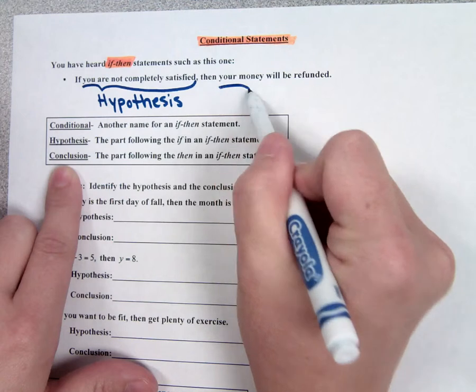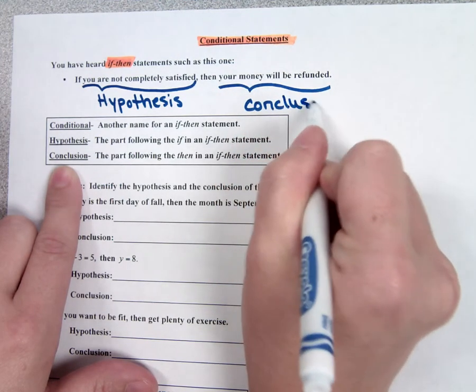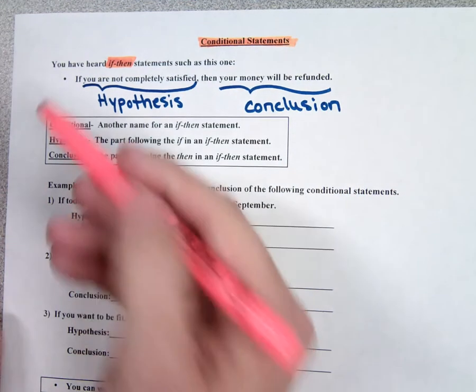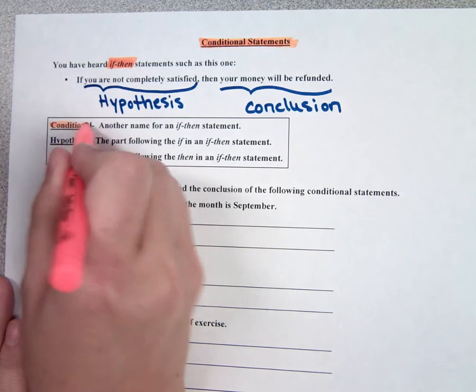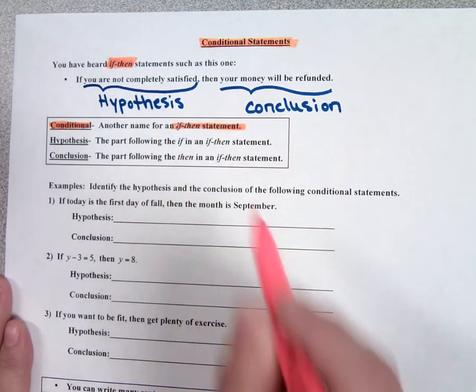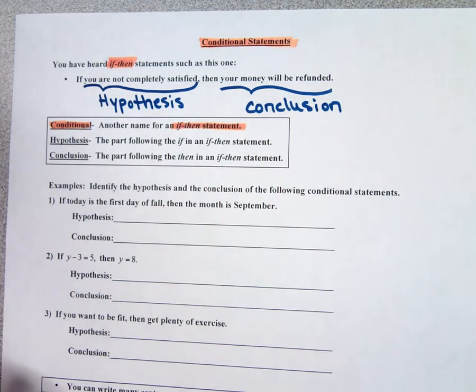So whatever comes after the then, that's the conclusion. So once again, a conditional is simply an if-then statement. The hypothesis comes after the if, the conclusion comes after the then.